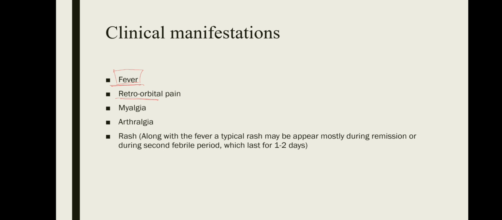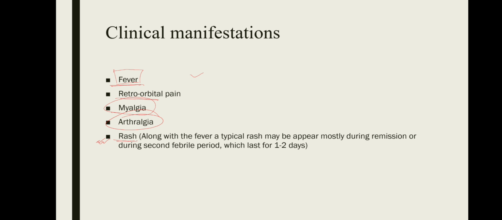Just like other viral fevers, there is myalgia and arthralgia, and there is severe joint pain which is called breakbone pain. There is also a rash, but it has a typical timing: it is mainly present 3 to 5 days after the fever. This is the normal rash in case of classic dengue fever.